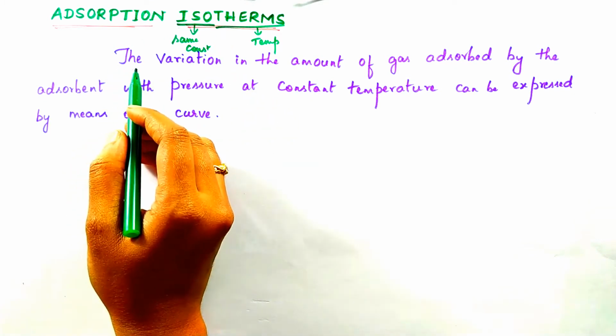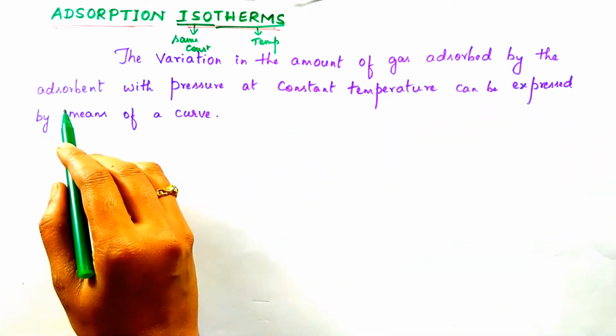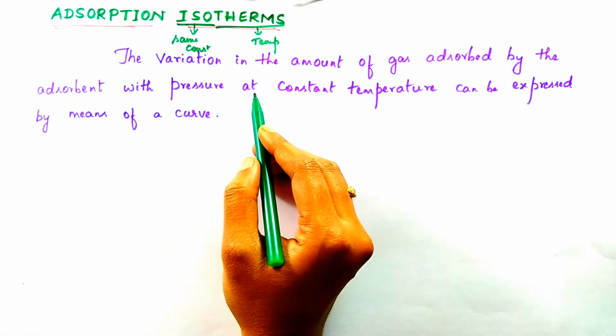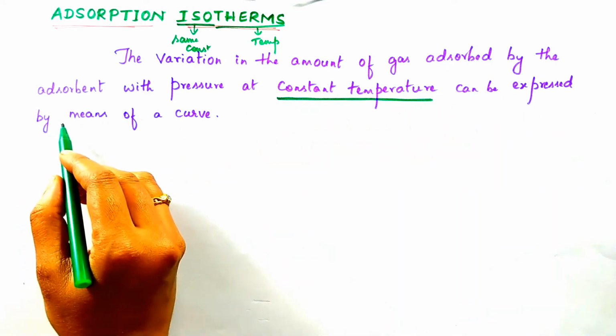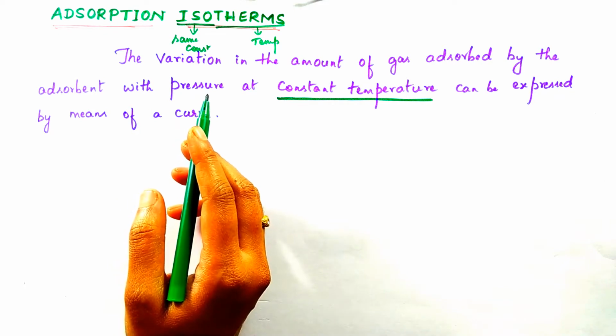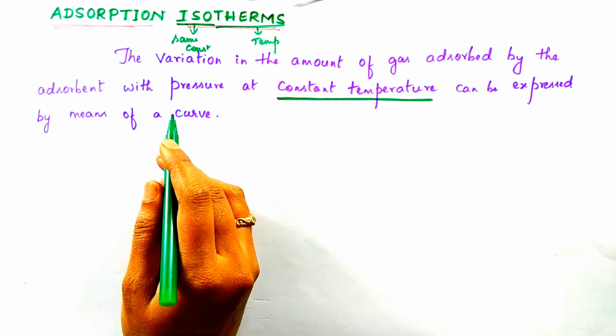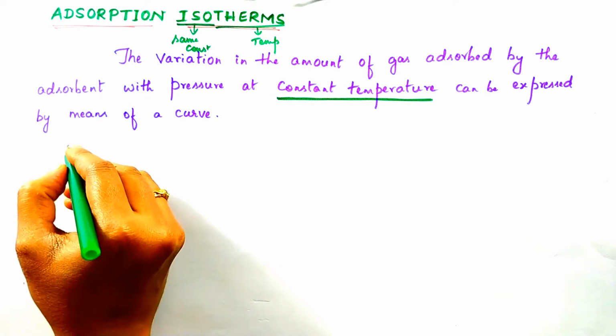That is, the variation in the amount of gas adsorbed by the adsorbent with pressure at constant temperature, expressed by means of a curve, is called the adsorption isotherm. Under this, you are going to learn about the Freundlich adsorption isotherm.